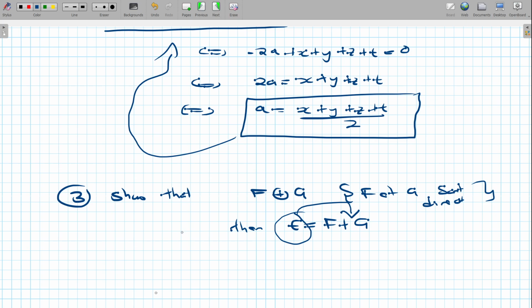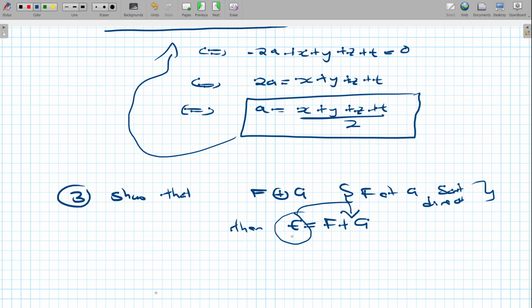That is what supplementary means. We've already shown the direct sum part. The only part left is that every vector in the parent space can be decomposed into an element of F and of G.